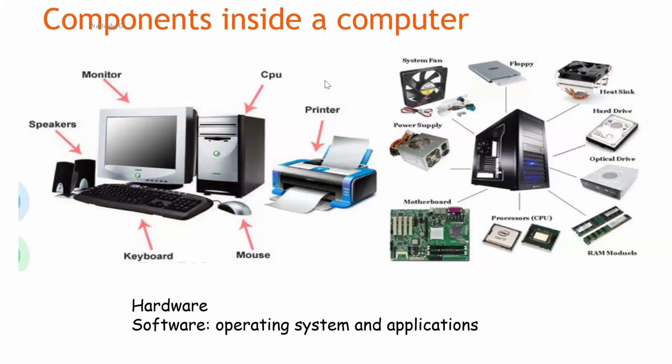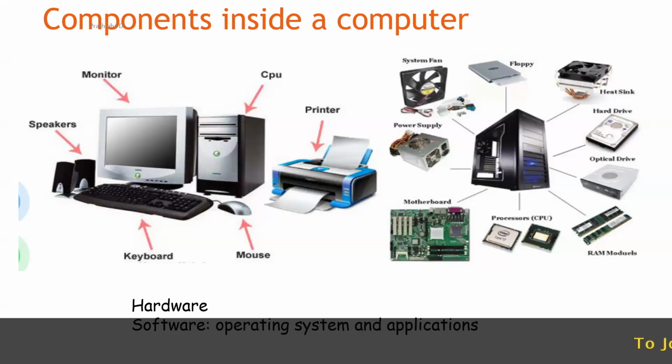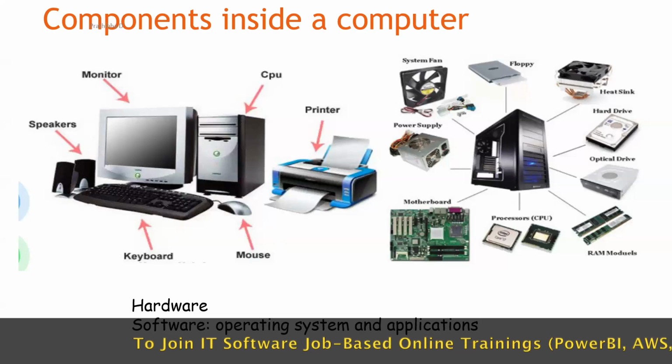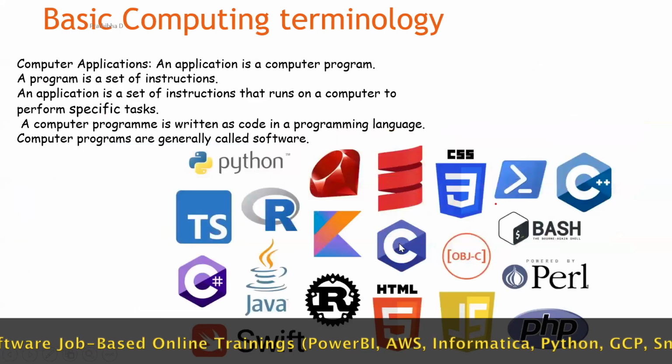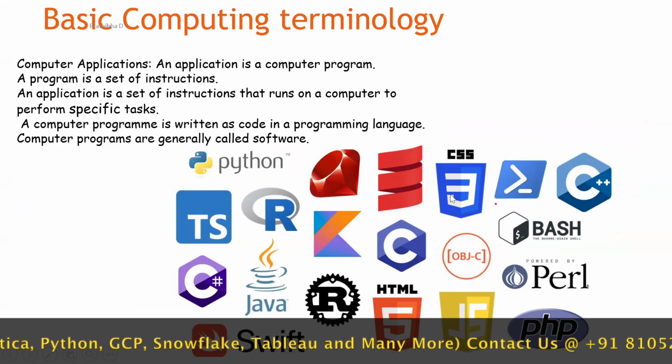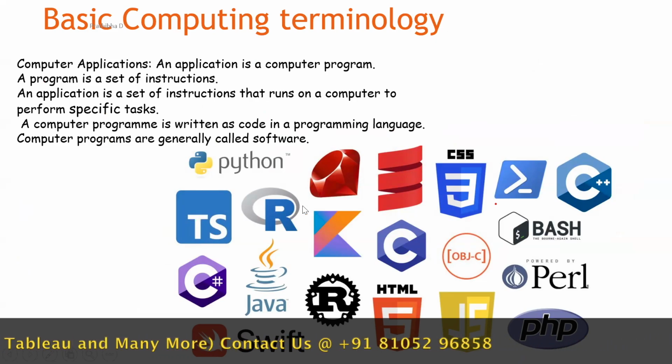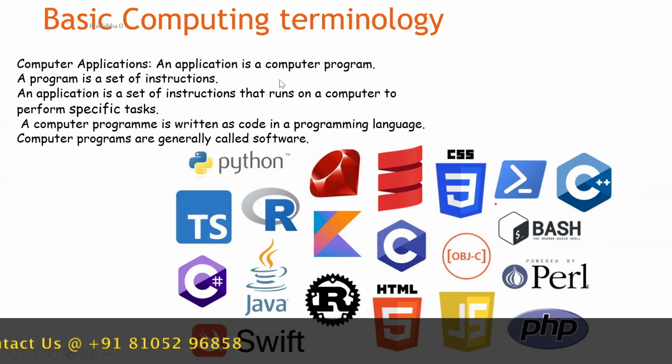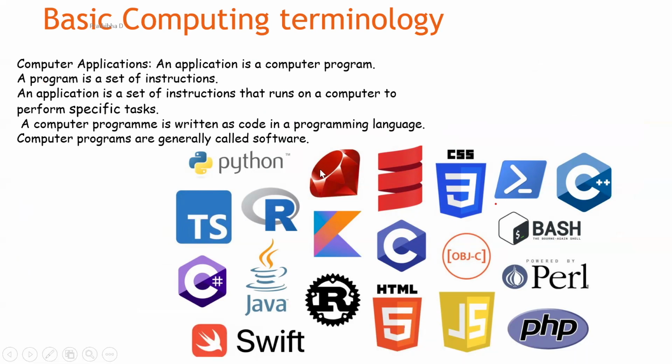Now, if I have to work on this computer, we not only have hardware, but we also have software. Software is nothing but the operating system and the other applications. Some of the terminologies you should be aware of in case of software: an application is nothing but a computer program, and a program is what?